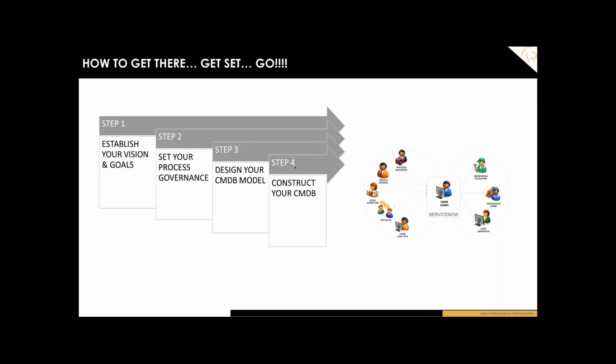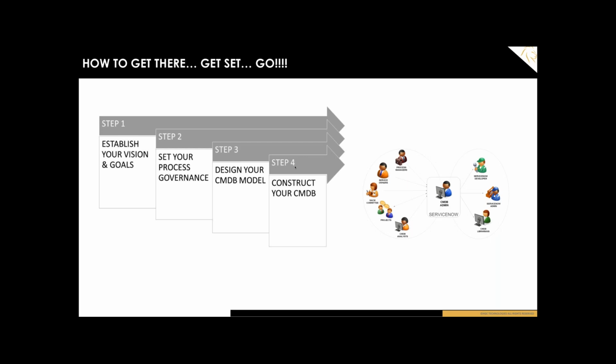Constructing the CMDB based on that model, based on the processes that we put in place, and based on the end goals will help us to move that CMDB into production and deploy it. So it's very important to focus, number 1, on the goal, number 2, on the governance, number 3, on defining the model on paper, and then constructing that CMDB. So step number 4 is the easy one.